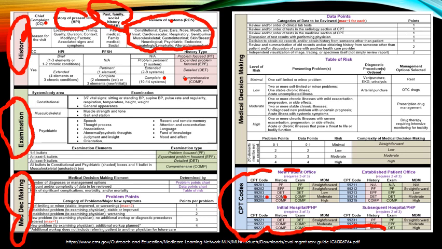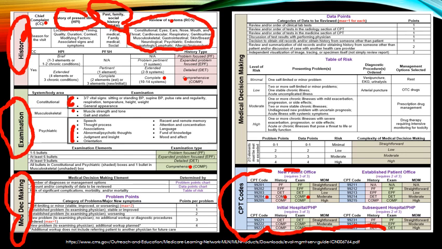Then if we come back down here to our CPT code, we also have to be comprehensive in the exam category. And here we are. If we want to be comprehensive, all bullets in the constitutional and psychiatric boxes, which is here and here, have to be completed, and 1 bullet in the musculoskeletal has to be completed here.